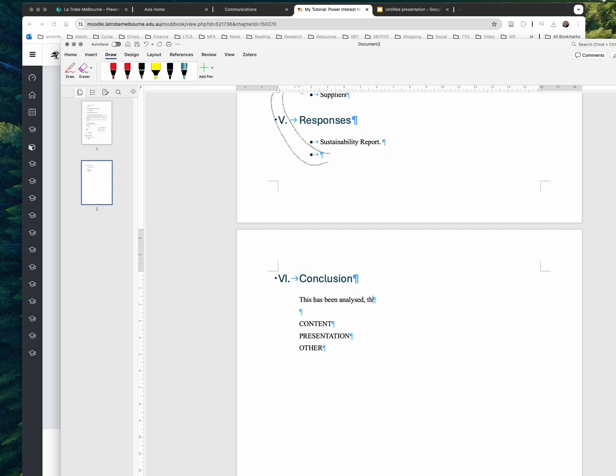This has been analyzed, this, and this. And then there should be a kind of a restatement of the issue, pardon me, of the responses. That's probably only going to be one sentence. And then an idea about what's going to happen in the future. And really the future is going to be a condition statement. If this is done, this will occur.